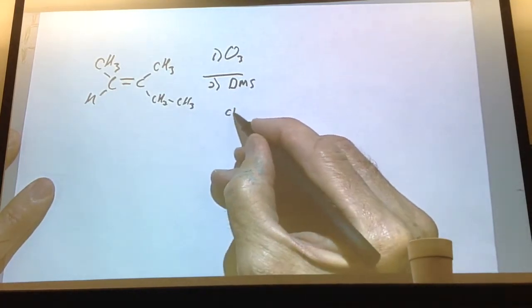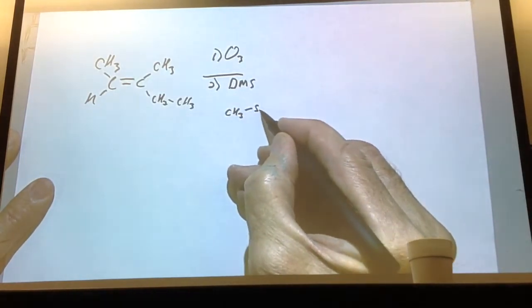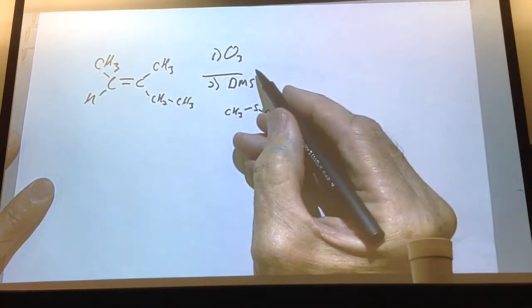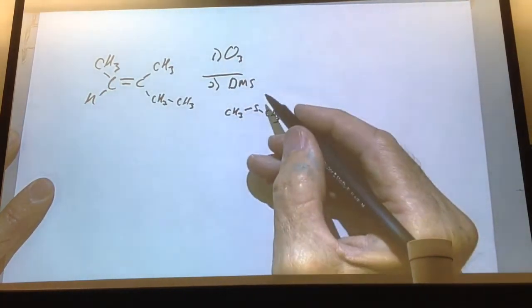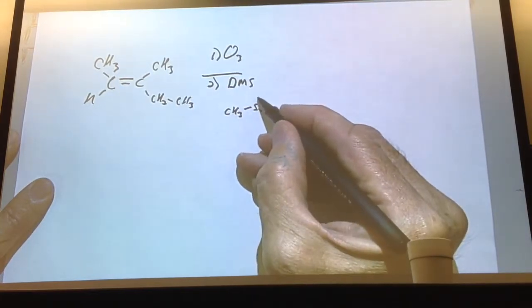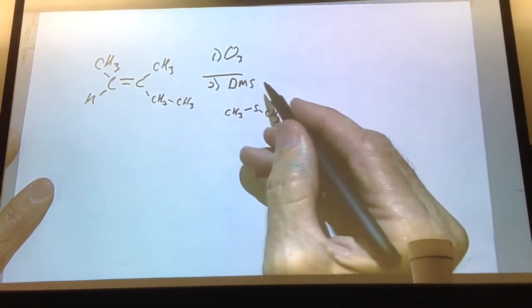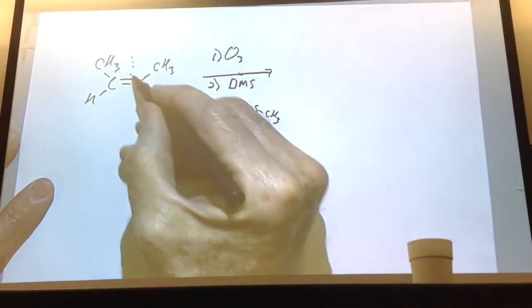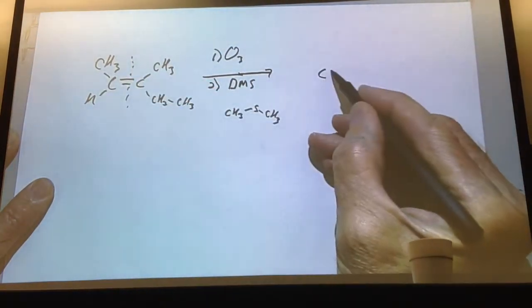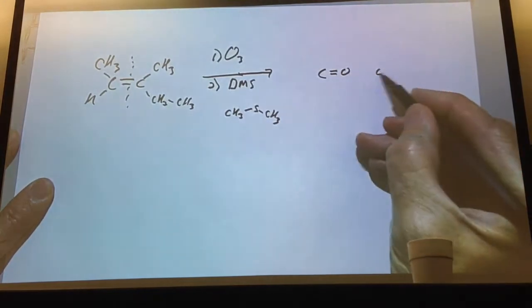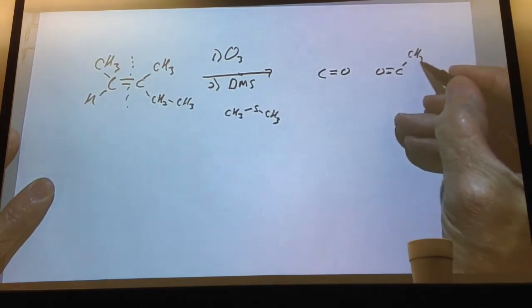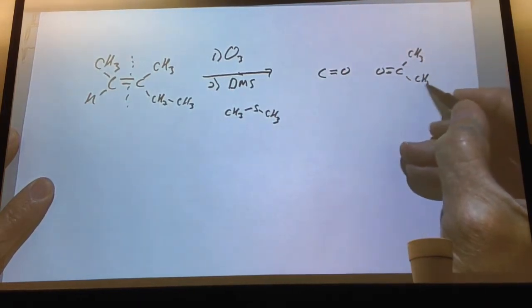It's 2 methyl groups attached to a sulfur. Dimethyl sulfoxide would be the oxidized form, and the reagent is dimethyl sulfide. Anyway, get your scissors, snip this piece into 2. Or I should say more correctly, just break that bond, and get 2 products.